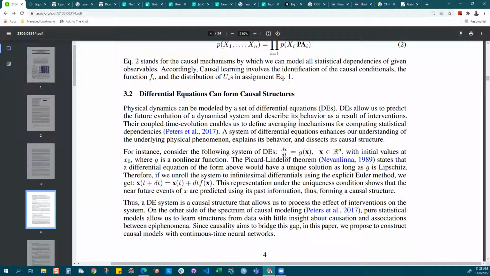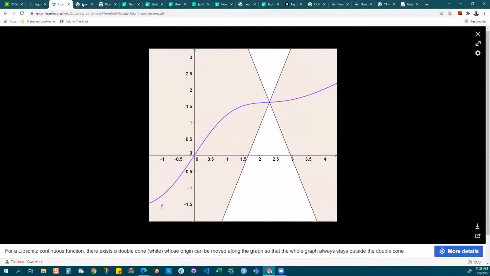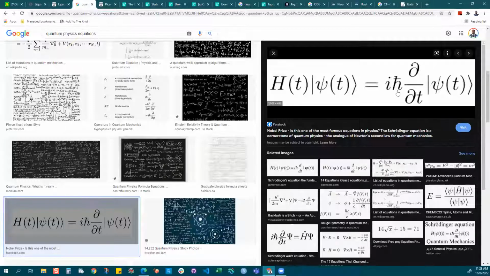Differential equations have been extremely useful. One example I wanted to show regarding differential equations is the Schrodinger equation, which is a differential equation as well, and this equation won a Nobel Prize in physics. A lot of different phenomena can be modeled using differential equations, especially when we have time, and we do have time in quantum mechanics.